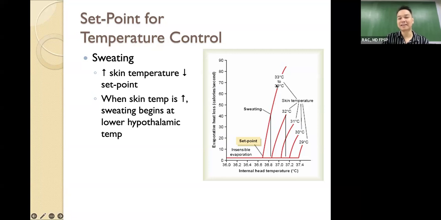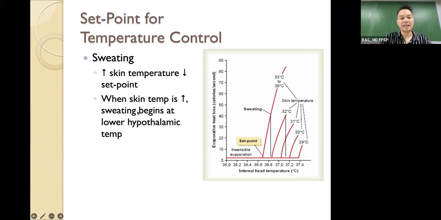So this means at 39 degrees, sweating will begin at 36.9. So you lose heat. This will now bring the temperature down to 36.7. So that's how, again, the body will try to control the temperature. Whatever the set point is, the body will try to match the set point.